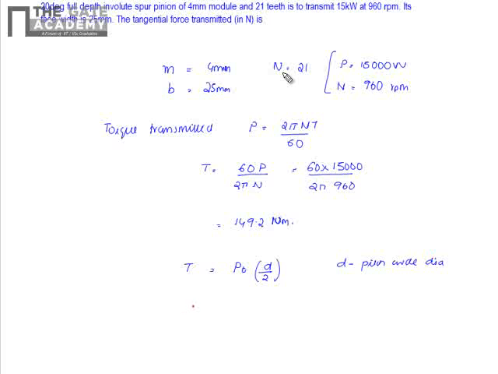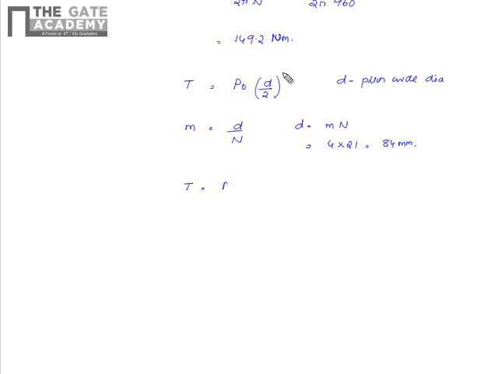The module is defined as the ratio of pitch circle diameter to number of teeth. So from this we get D is equal to M into N, that's 4 into 21, equal to 84 mm.